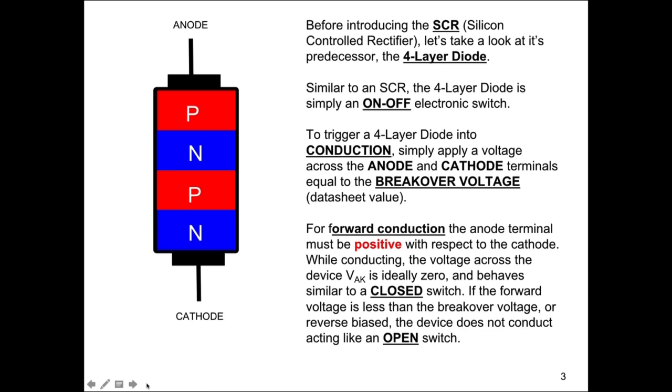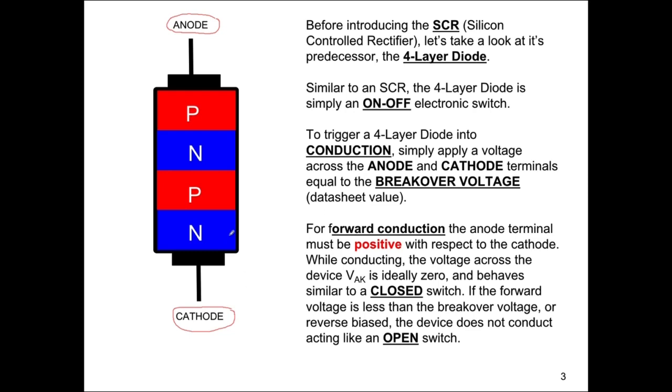The illustration on the screen shows the internal construction of the four-layer diode, and we can see we have two terminals. This one is called the anode, and this is the cathode.